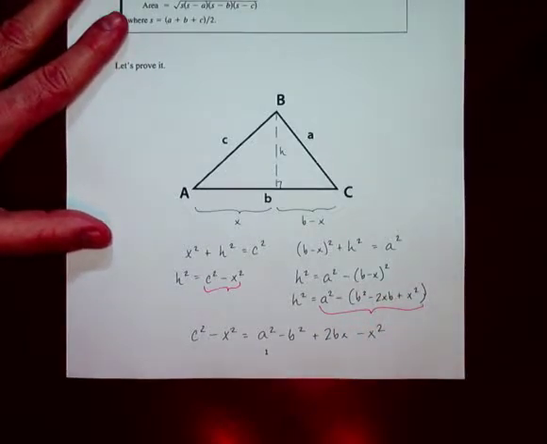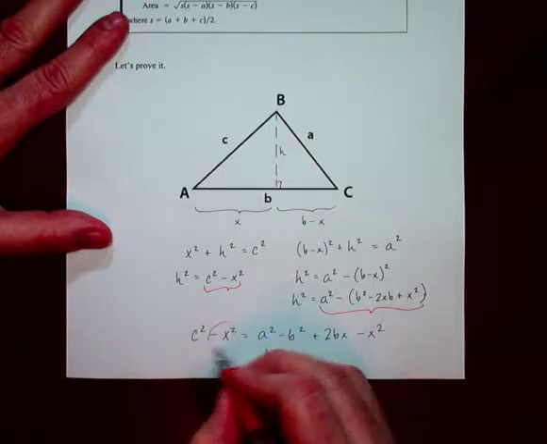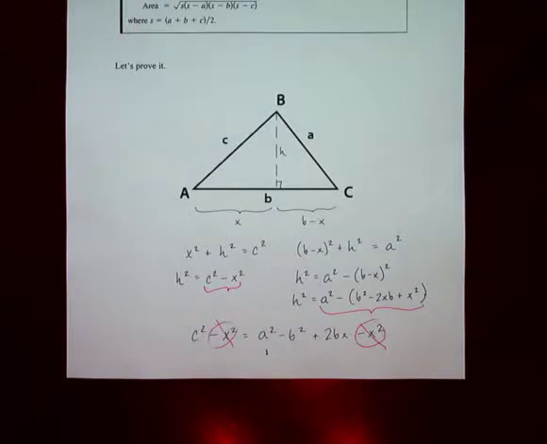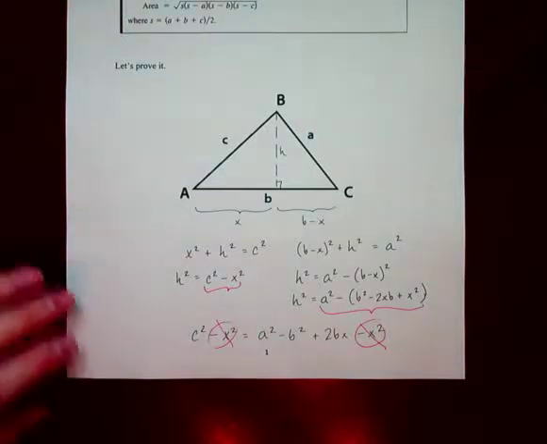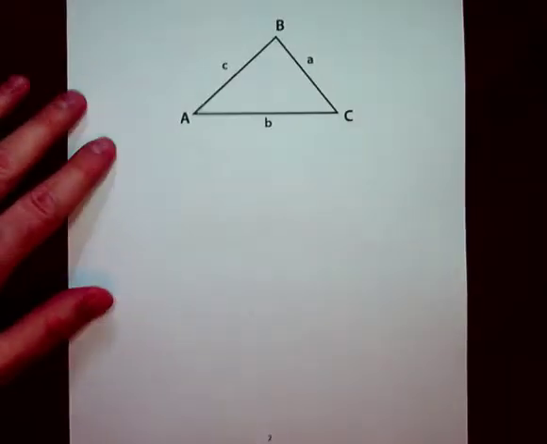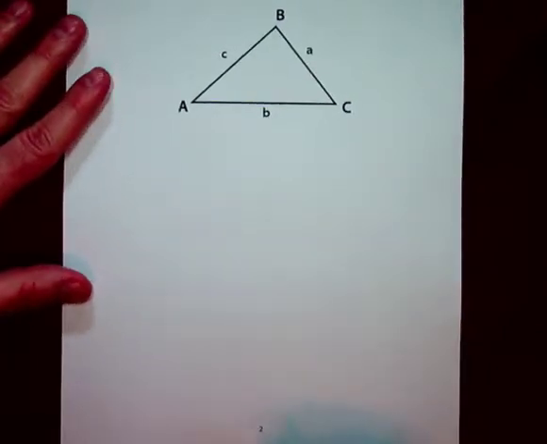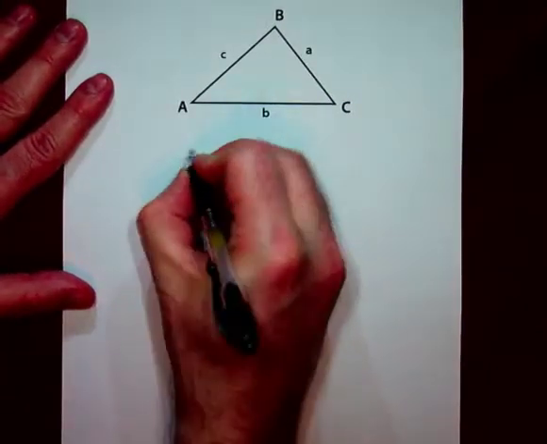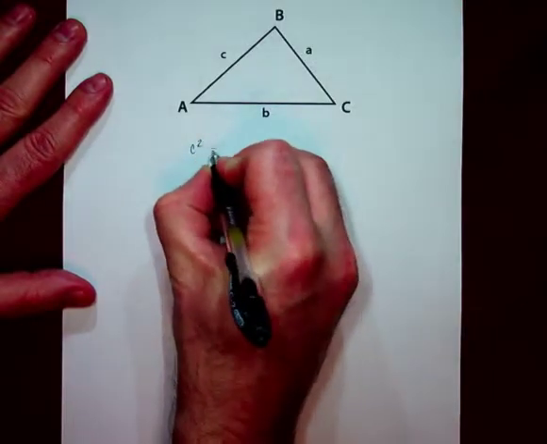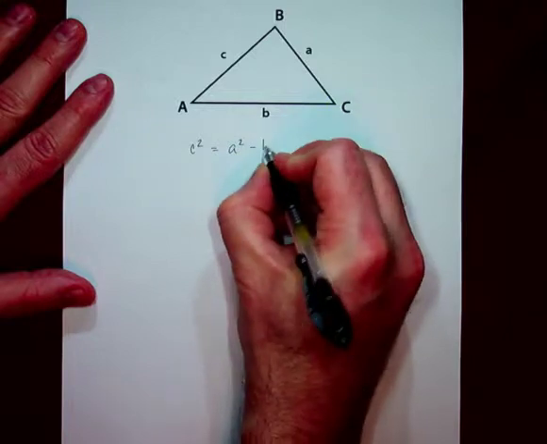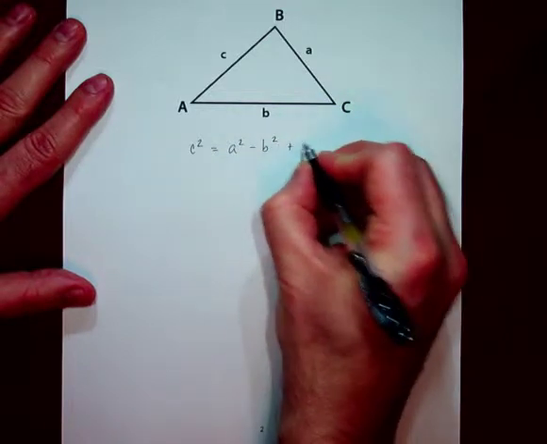Okay, well that's helpful because I tell you what, this and this cancel out. All right, let's go ahead and start at the top of the next page. And let's rewrite what we have after simplifying. We recognize the fact that we have c squared is equal to a squared minus b squared plus 2bx.